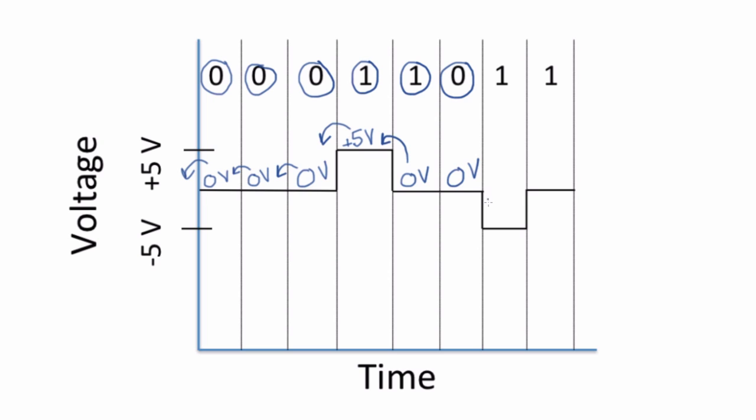We transition again in the next time slot. We're at negative 5 volts. That transition, though, from the previous time slot means that we have a binary 1. Same thing with the next time slot. We've transitioned from negative 5 volts to 0 volts. Even though we're at 0 volts, it's a transition. And with state transition modulation, that means we have a binary 1.